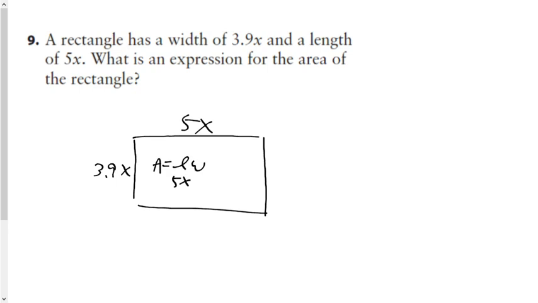Area equals 5x multiplied by 3.9x. If you multiply those coefficients, you're going to get 19.5 x squared. So the expression that represents the area will be 19.5 x squared. If I did my math right, is that right? Okay, good.